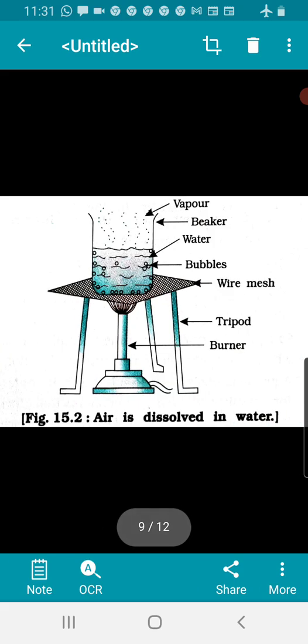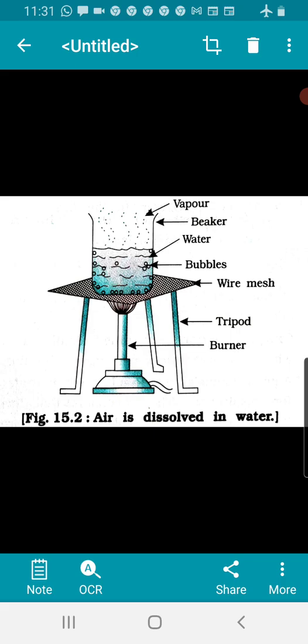So from this we have learned that air contains carbon dioxide, water vapor, nitrogen, oxygen and other gases. Now let's see, how does oxygen become available to animals and plants living in water and soil? Take some water in a glass or metal container, heat it slowly on a tripod stand.